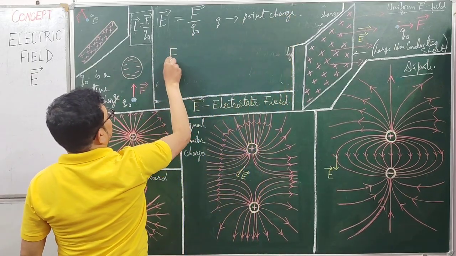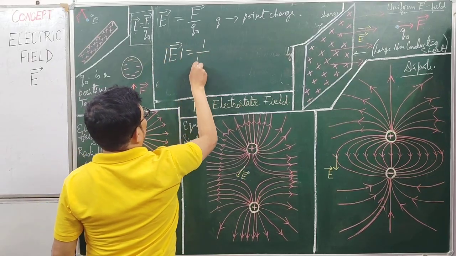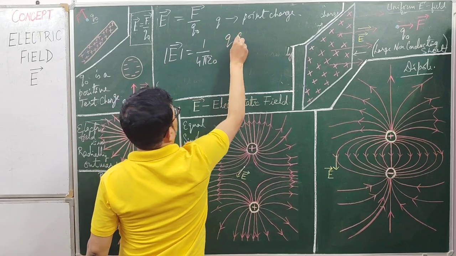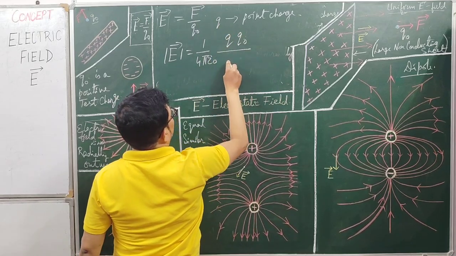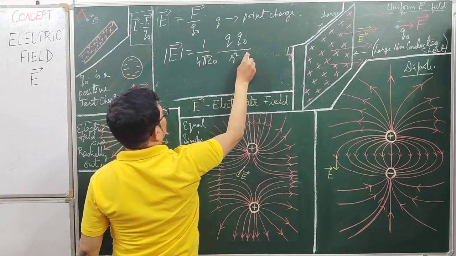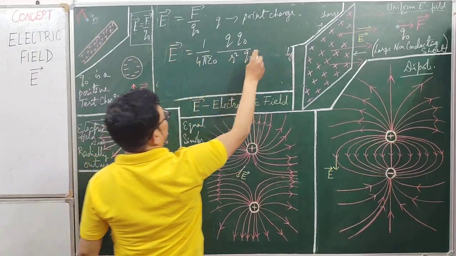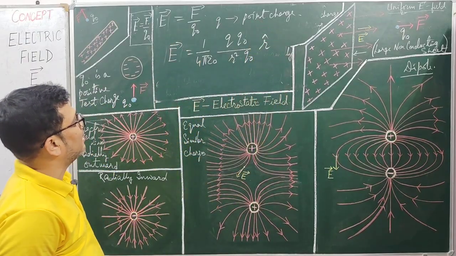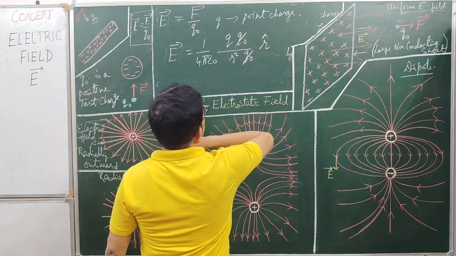So what is the magnitude of this electric field? It would be 1 over 4 pi epsilon naught Q Q naught divided by R square. This is the force. But we need to divide this by Q naught again. And if you want to represent this vectorially, with the R direction, I'm representing the unit vector R as the direction, and this is going to cancel Q naught.